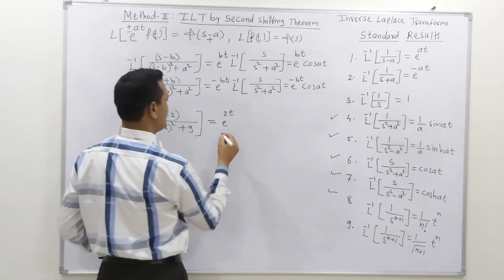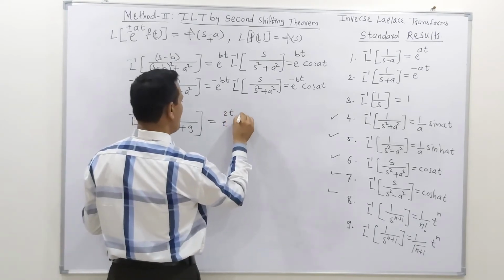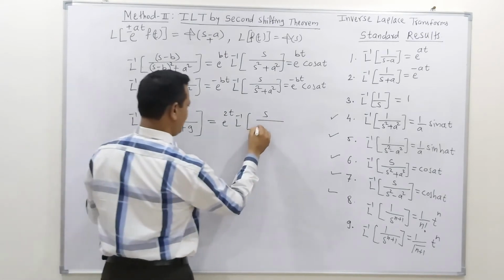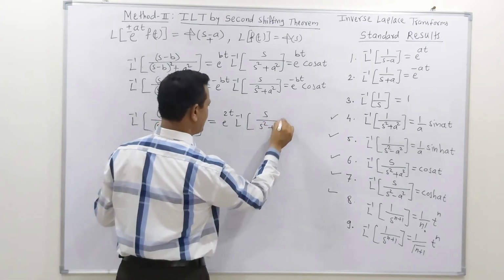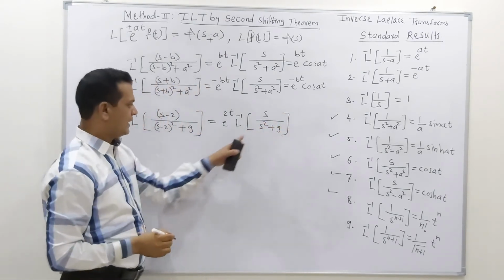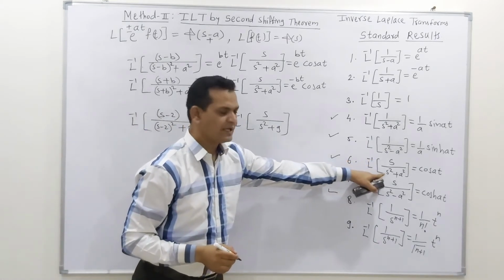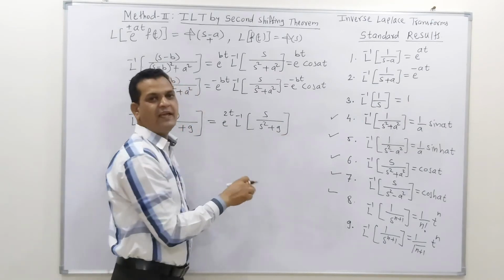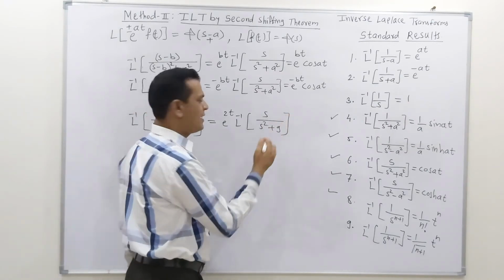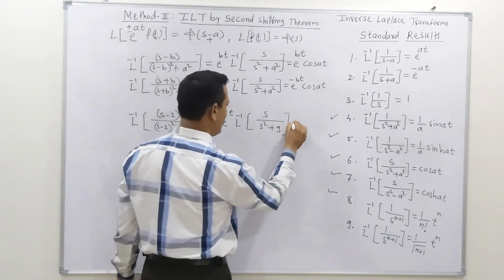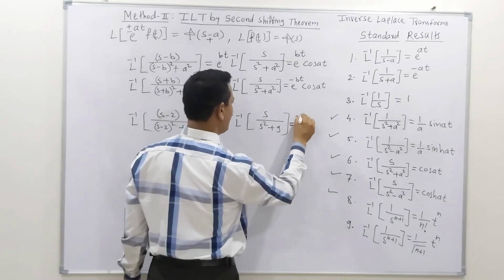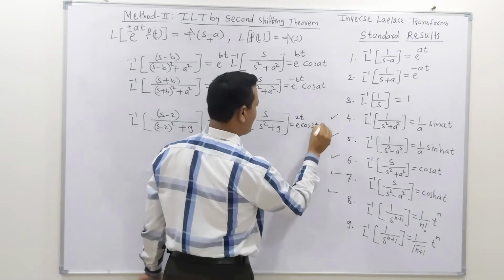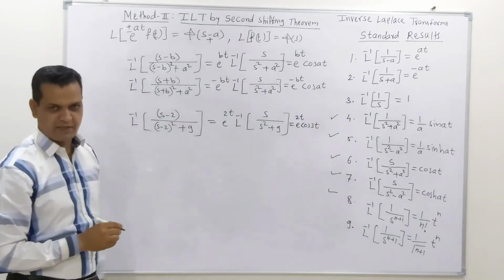So we can write this as e raised to 2t into the inverse Laplace transformation of s upon s square plus 9. Again this is of the type s upon s square plus a square, which is cos at, where the value of a is 3, since 3 square is 9. So we can easily write this as e raised to 2t into cos 3t. So this is a very simple example.